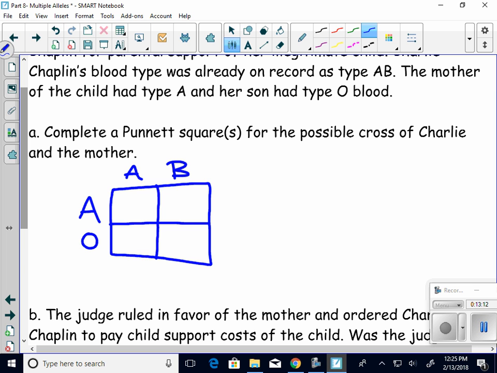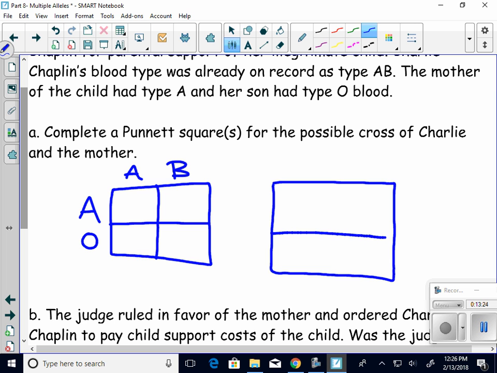Because you can't use that. I'm telling you, you can't use that. It could be AA, right. It didn't tell you what the mother was. So, could that mother be AO? Yes. Could that mother be AA? Yes.